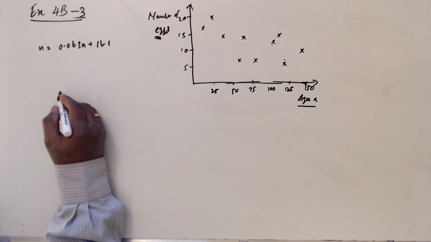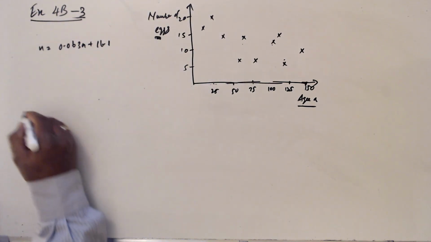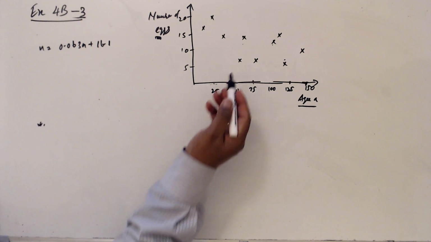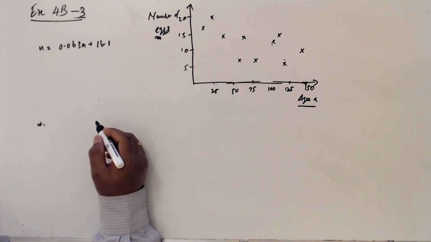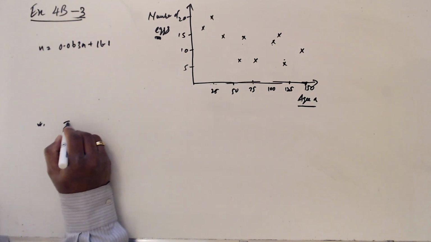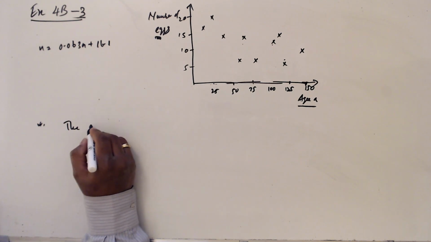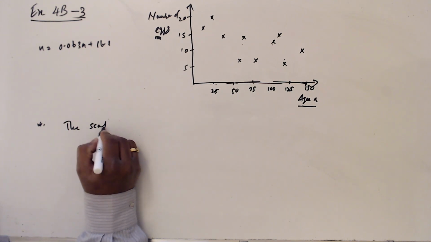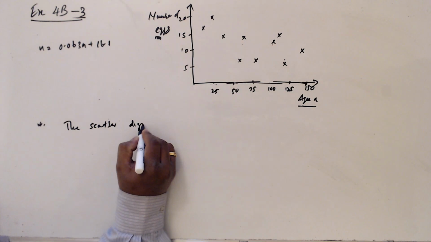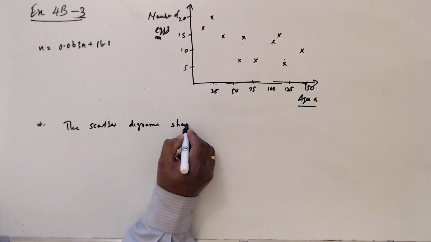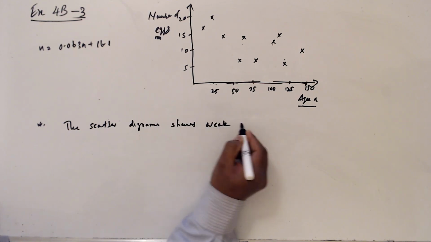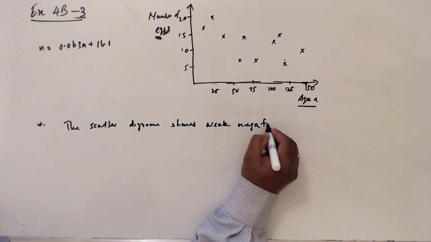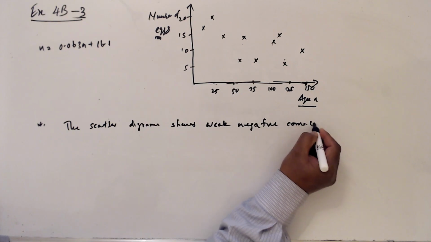We can tell that when you look at this scatter diagram, it shows weak negative correlation.